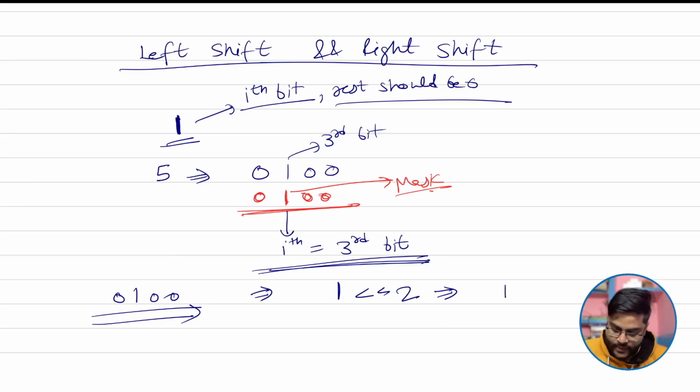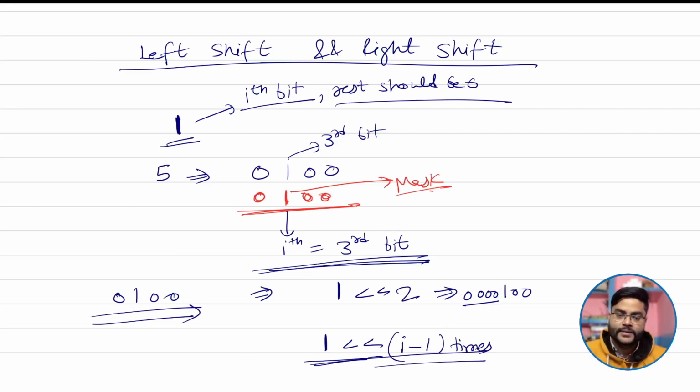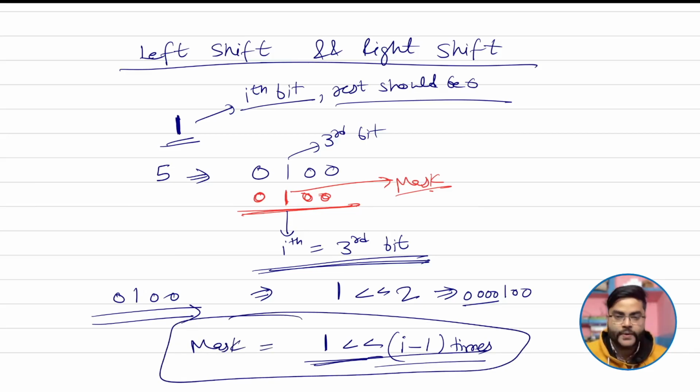It will be 100, right? And before it will be 0 only. So I can say that if I take 1 and do a left shift by i minus 1 times, I can create my mask. So my mask will be 1 left shift i minus 1 times.